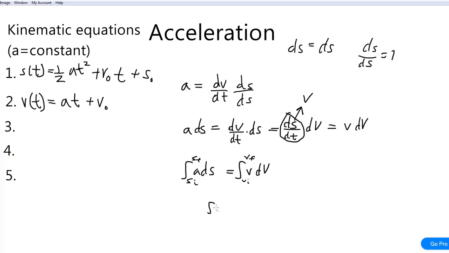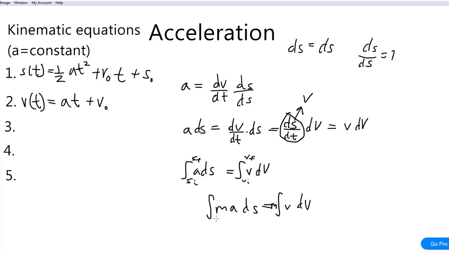In the end, you get the integral of mass times acceleration, ds, equals the integral of v dv times mass also.